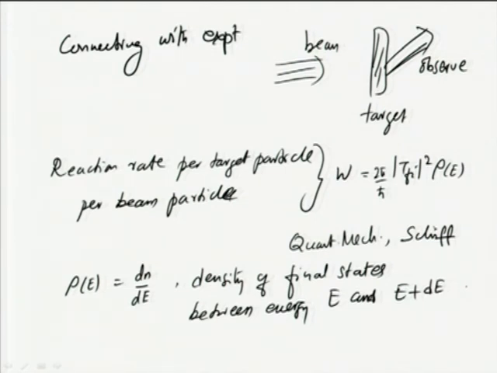So, with the T_fi described in the earlier slides, we can write now W as 2 pi over h cross, times the modulus squared of psi f, H interacting, psi I, times dn by dE, which is basically rho of E.